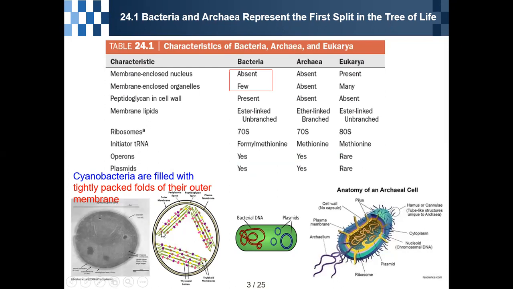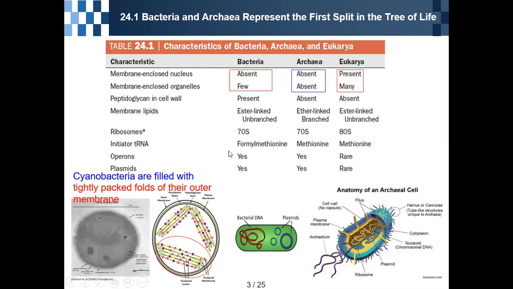It looks like this. Okay, so this looks like thylakoid. Only the cyanobacteria have this. Archaea don't have a membrane-enclosed nucleus or membrane-enclosed organelles. And the eukaryotes have a membrane-enclosed nucleus and membrane-enclosed organelles. You have to know this to solve the final term exam.